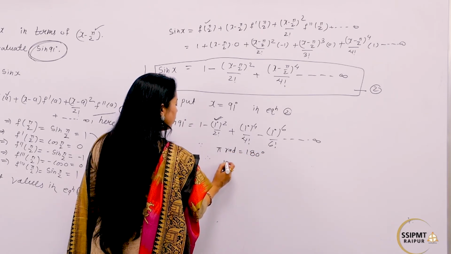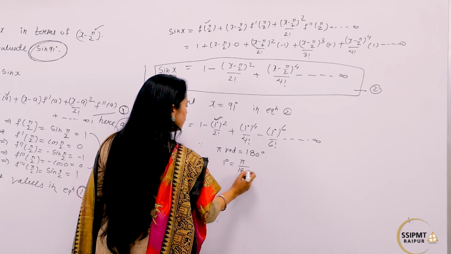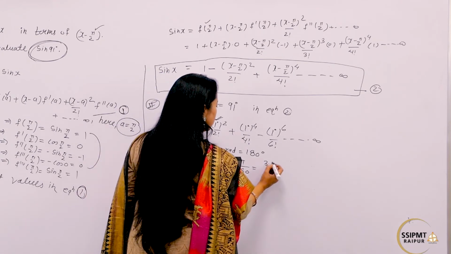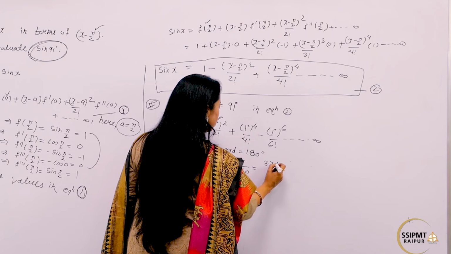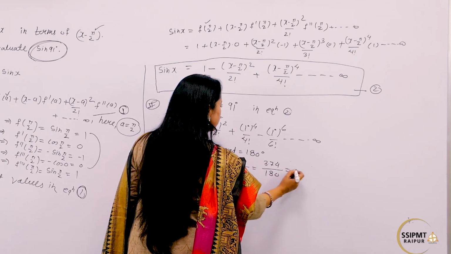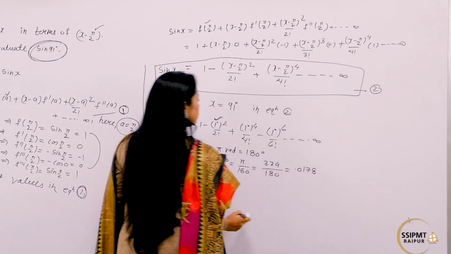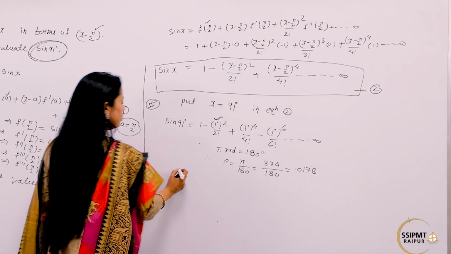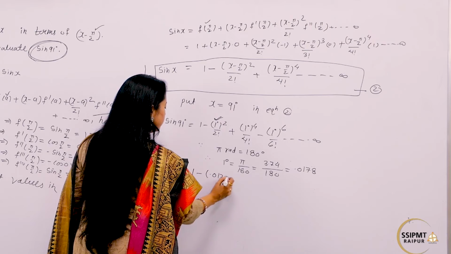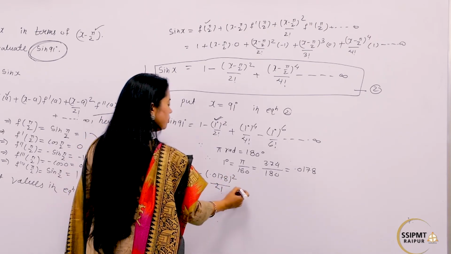Therefore 1 degree will be equal to pi upon 180 radian, that is 3.14 upon 180, which gives us 0.0175. So put this value in the series, with factorial 2.